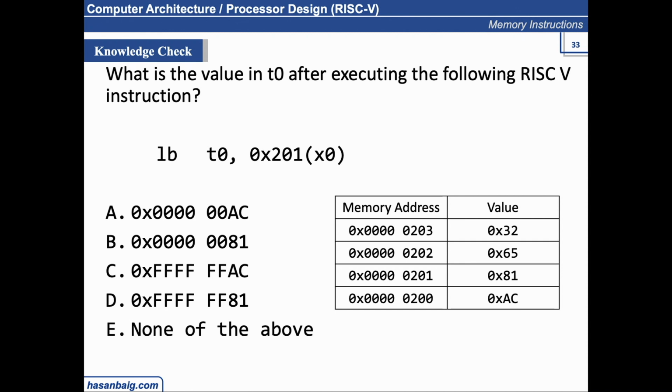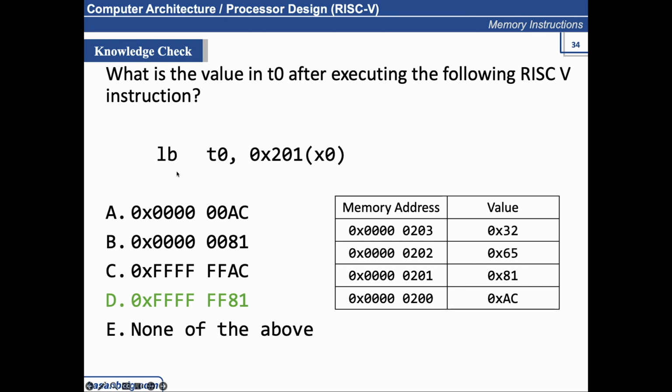Okay, so the answer is D. We are trying to read the data from x0, which is 0, plus 201. So at 201 we are actually reading a byte. This byte 81 will be copied into register T0.